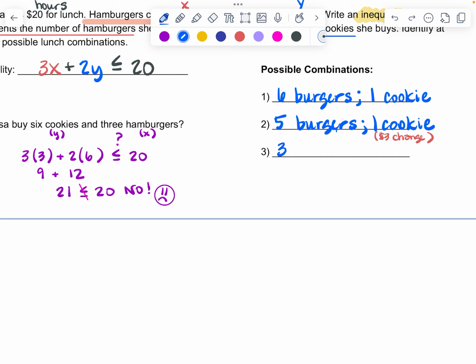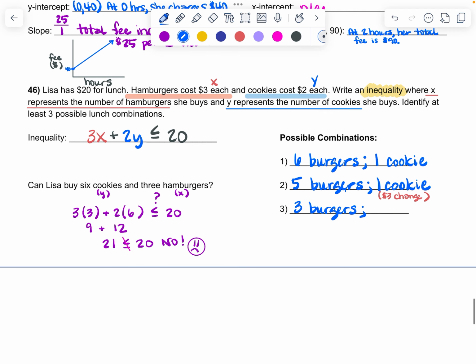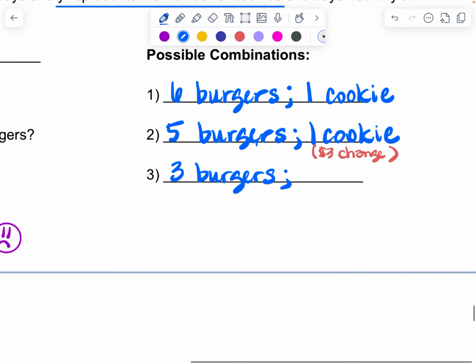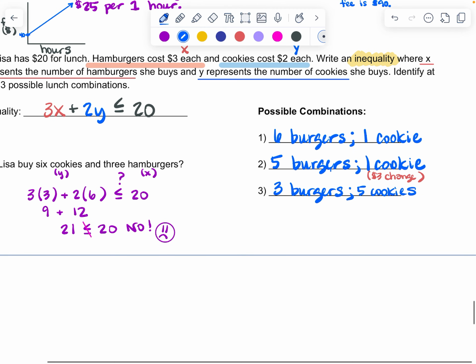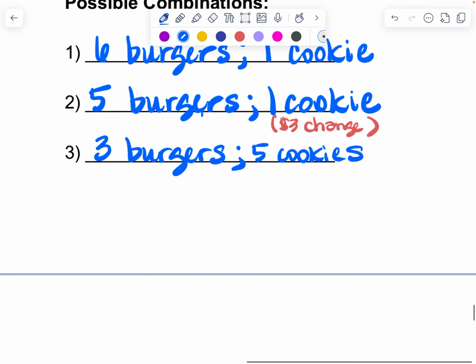All right, let's see if we can come up with another one. What if she bought 3 burgers? Again, I'm just blurting out a number. 3 burgers, that would be $9. So that would leave her with $11 left. So she would have enough to buy 5 cookies, right? Because that would be $9 plus $10. So that would be $19.